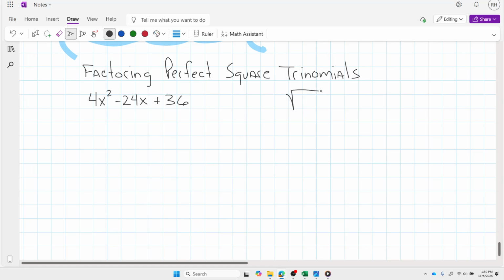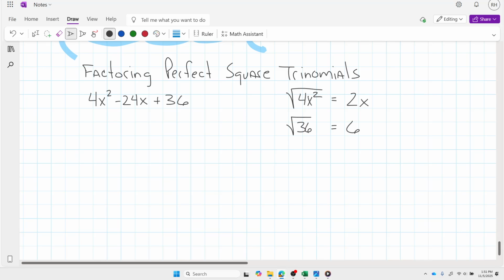So the square root of 4x squared is equal to 2x. The square root of 36 is equal to... No, it's equal to 6.